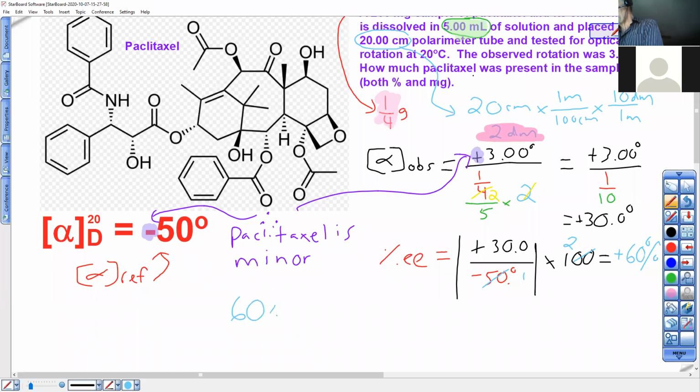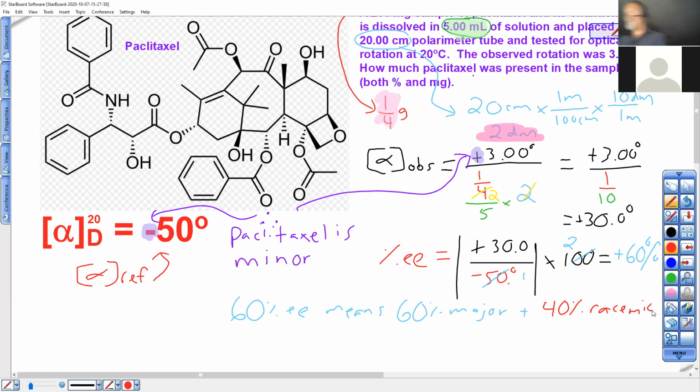60% EE means 60% major plus the other part of the solution that doesn't rotate light. Do you remember what that's called? It's 40% racemic.